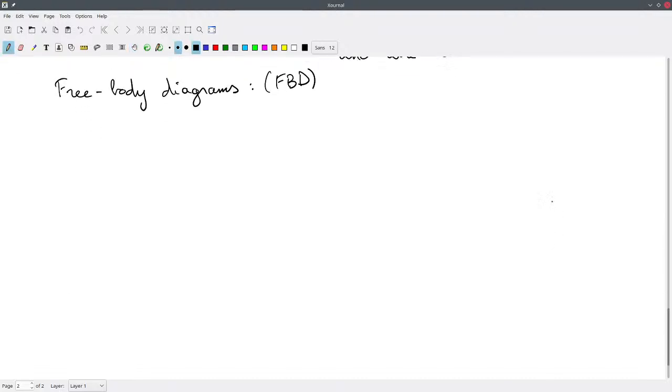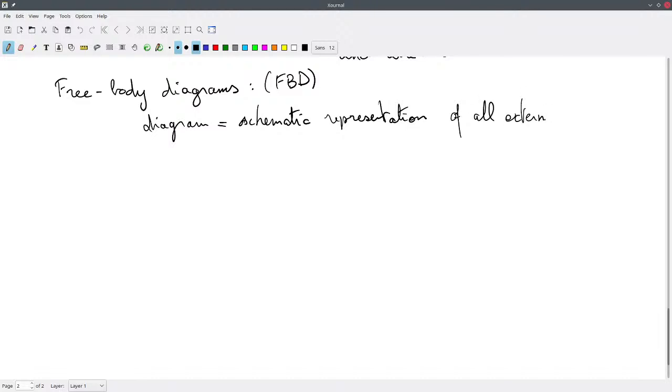It is a diagram, or a schematic representation of all external forces working on or acting on an object.